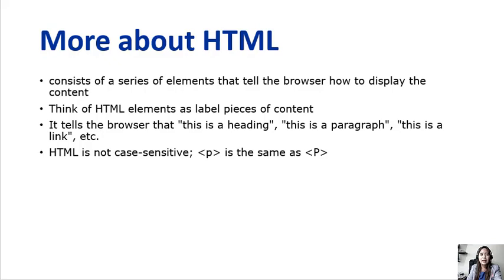So basically it allows the browser to understand or interpret what should be the layout that you want it to do for you. So think of HTML elements as label pieces of content. So it tells the browser, this is the heading, this is the paragraph, this is the link, this is the table, this is the image that I want you to display where, among other things.